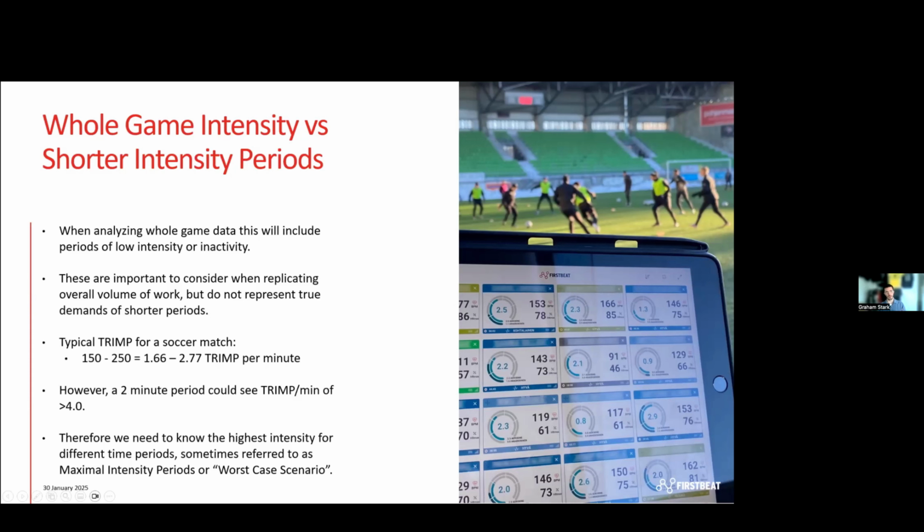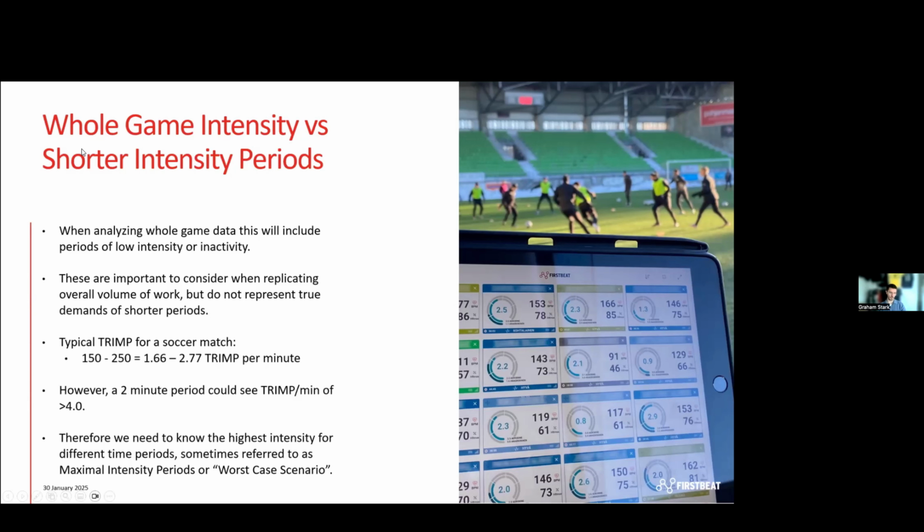If you were only ever basing your TRIMP per minute targets on the whole match value, you'd probably be undercooking the players. You wouldn't be exposing them to the intensities that they'll actually face. Again, in the example I've given there, you can see 2 minute intensities that are actually more at 4 TRIMP per minute. So it's quite a lot higher than the whole game average.